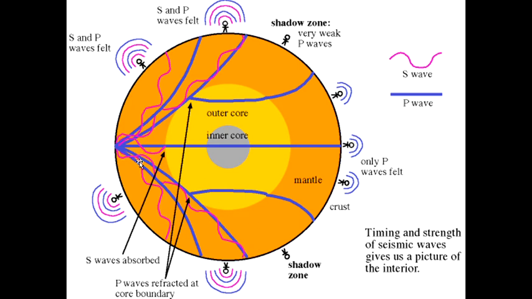The time and just the occurrence of the different waves, P waves and S waves, at all these different places. Notice some places don't get any at all, some get just some P waves, some get both, and they get them at different times. It allows us to pinpoint where earthquakes occurred and their depth.